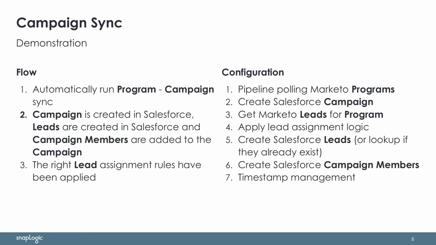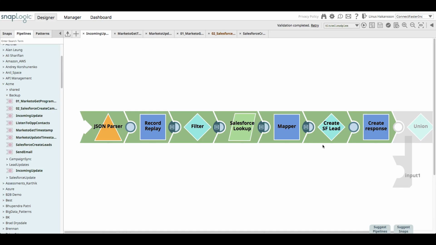We will expose our pipeline as a triggered task, which means that we can call it from another service using a REST API. In our case, we will set up Marketo to send requests to our triggered task through a webhook.